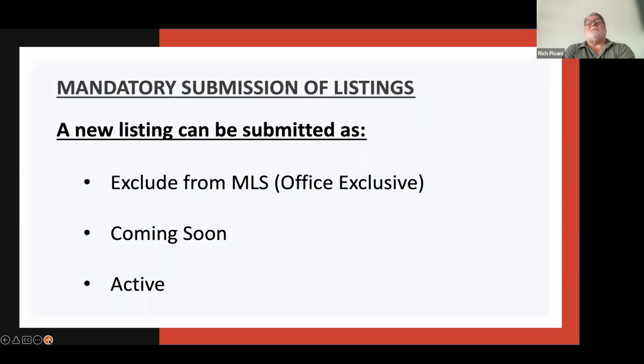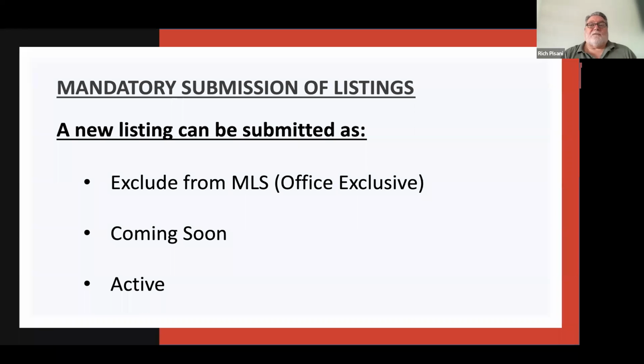So when you submit your listing into the MLS, it can go in 3 different categories. It could be excluded from the MLS, which is an office exclusive. It could be a coming soon, or it can go in as an active. Those are your 3 choices when inputting into the MLS. That's it.